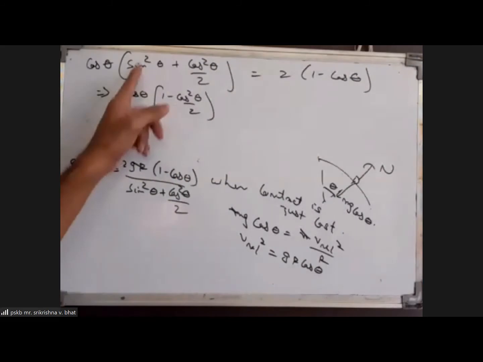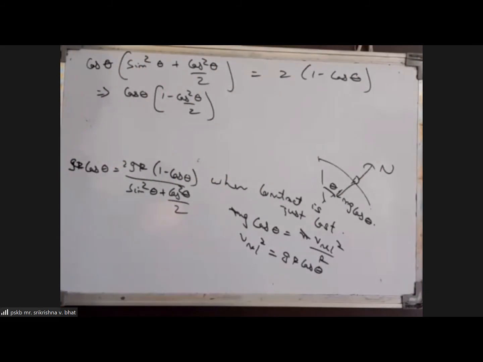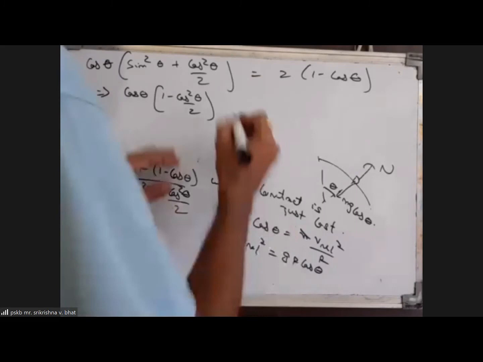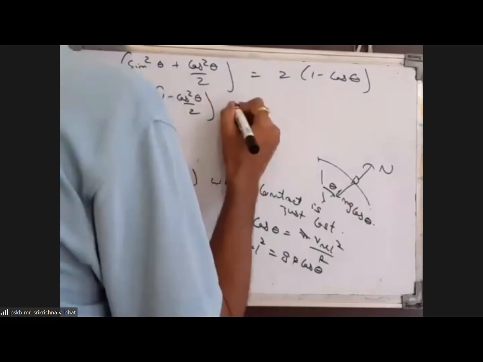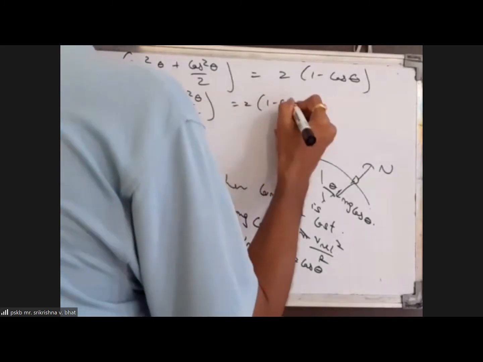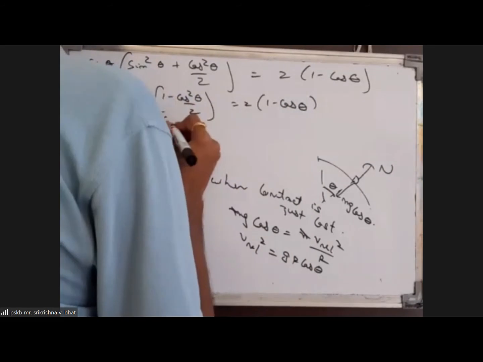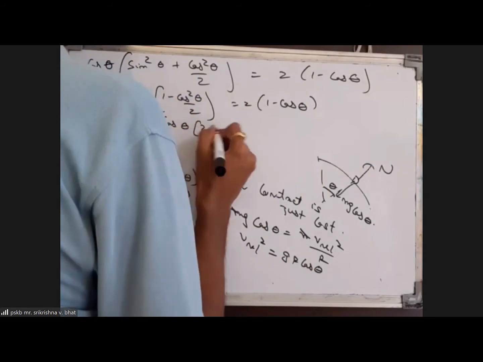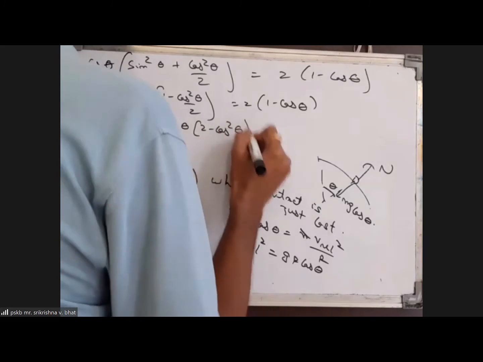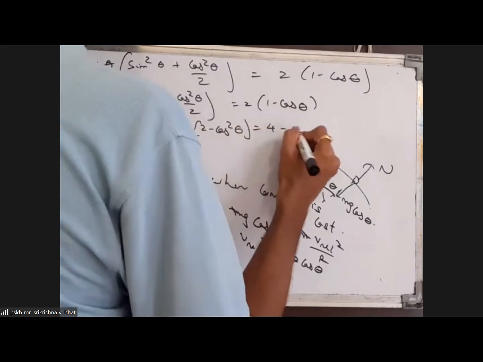Because it will be 1 minus cos square theta plus cos square theta by 2. That will be 1 minus cos square theta by 2, and this is equal to 2 into (1 minus cos theta). So it's going to be cos theta into (2 minus cos square theta) is equal to 4 minus 4 cos theta.